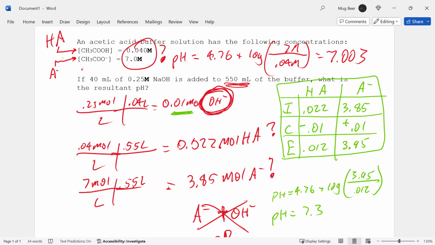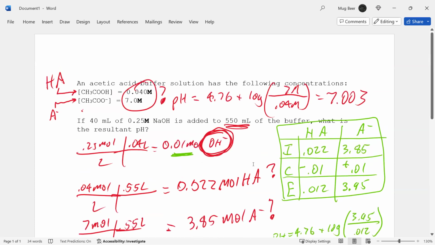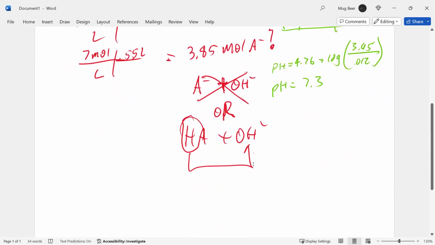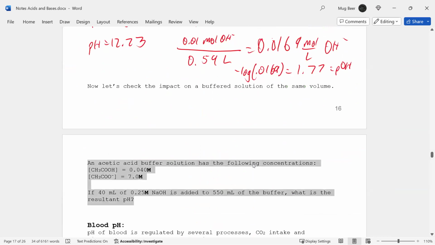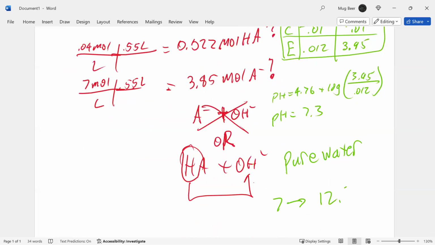So what happened when I put the sodium hydroxide in the pure water? The pH goes from 7 to 12.23.